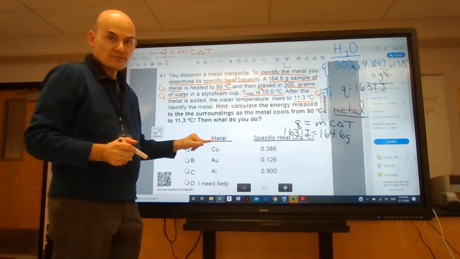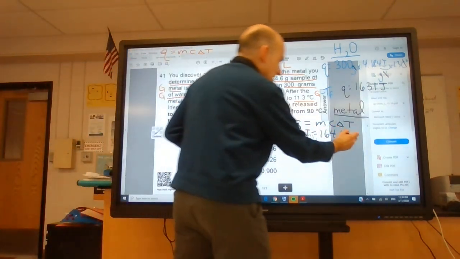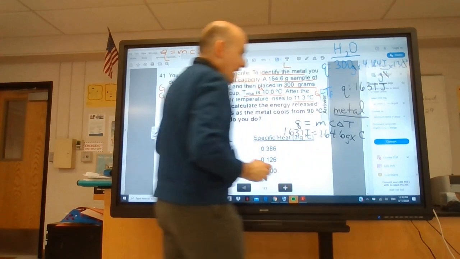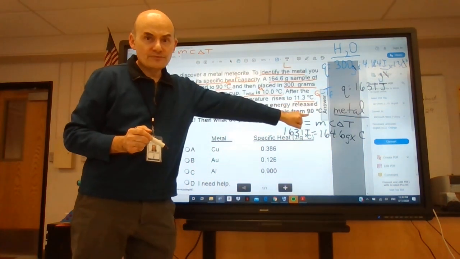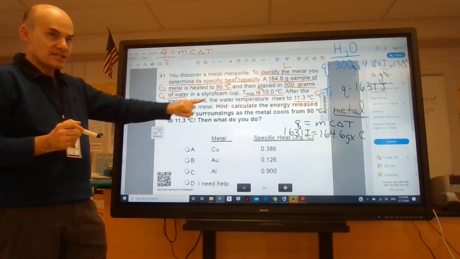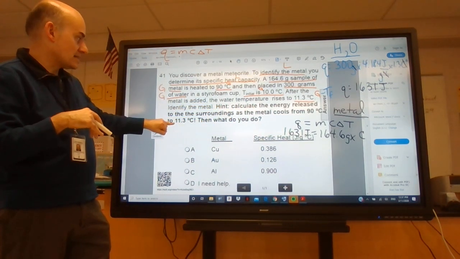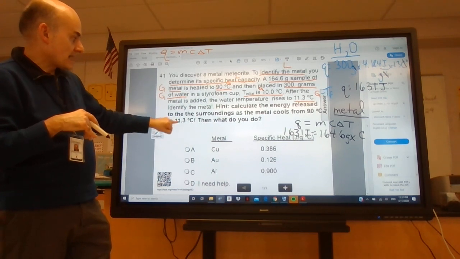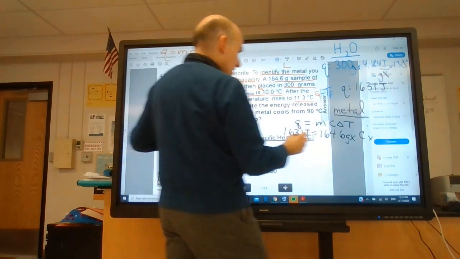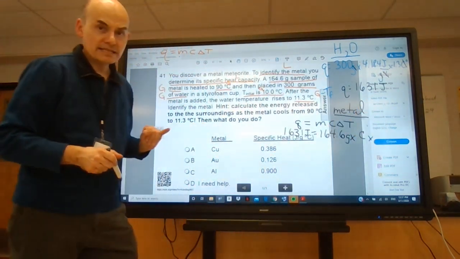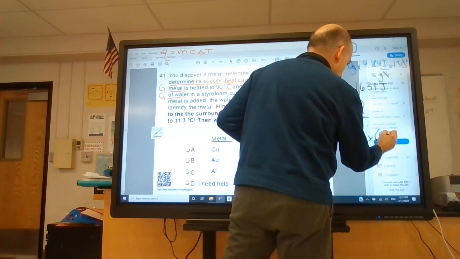C is what we're looking for, because C is going to be the specific heat capacity for the metal. That's what we don't know. And delta T is now 90 degrees, its initial or high temperature, and then its final temperature. Because it's a delta, we can go ahead and take the absolute value.